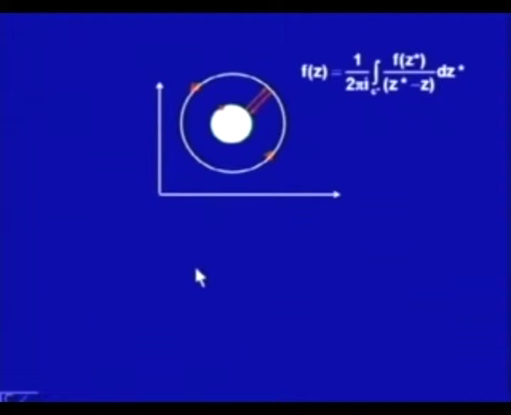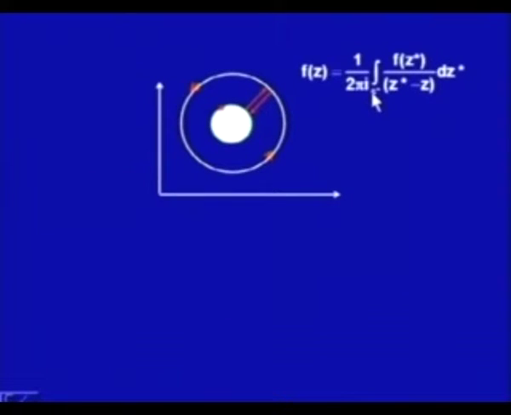Now, to prove this result, we consider the function f z as analytic inside this annular region. So, we consider a closed curve C star as this outer circle in the anticlockwise sense and inner circle in the clockwise sense, and then we join these two circles by a cut, and there are two lines parallel to each other, one going in the forward direction, another in the backward direction.